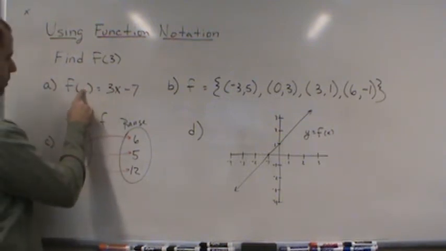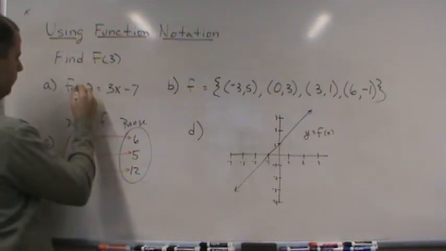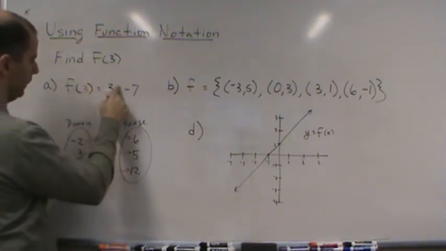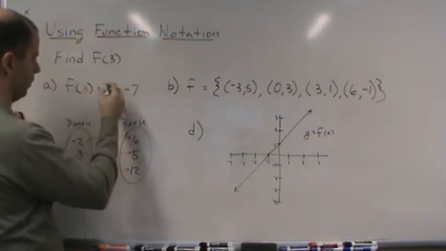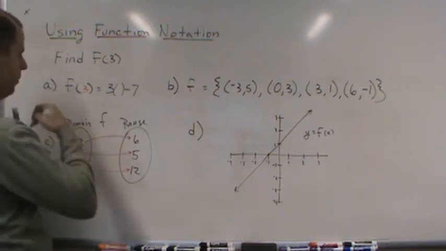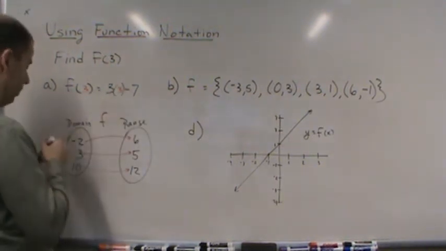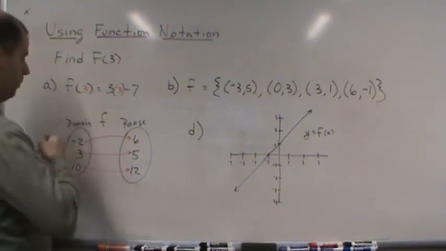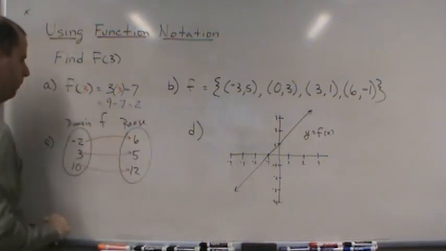And so if I just replace this with 3, and then here, again, I'm going to replace this with 3. And so this is going to equal 9 minus 7, which equals 2.